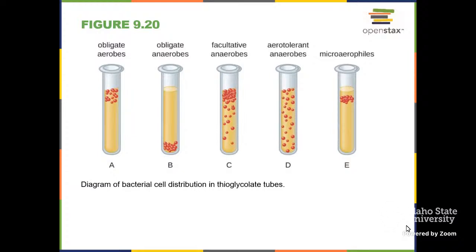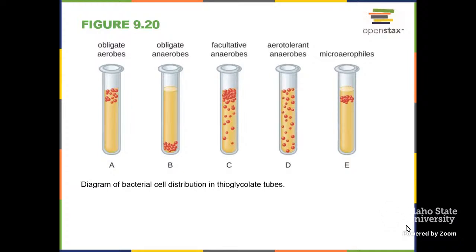So you would expect to see these thioglycolate tubes to have the littlest tint of color up at the top, even if those lids are screwed on tight, because there's a little bit of oxygen, this airspace here, right? There's a little bit of oxygen that gets down in here, and that's great for these obligate aerobes or others as we look at it, right?